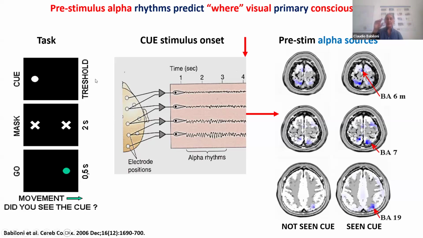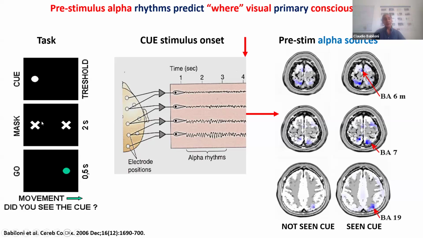So in one event, he was able, for example, to say, okay, the cue was given on the right side. But in another trial, he was not able to do it, and so on.